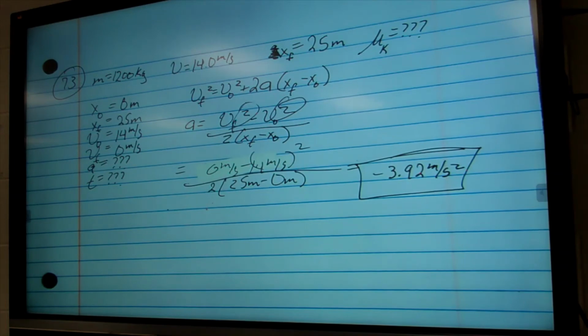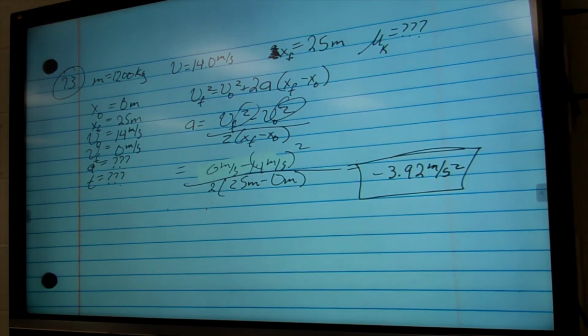If you're dividing meters per second squared by meters, what would the unit be? You get meters squared over seconds squared divided by meters.